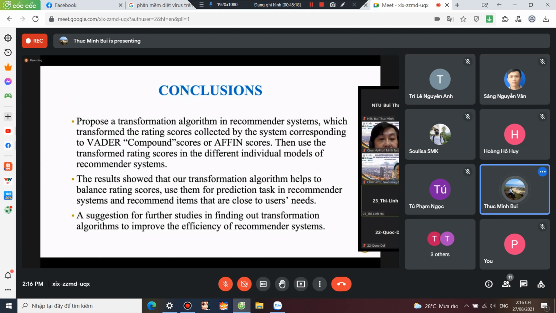The results show that our transformation algorithm helps to balance the rating score, use it for prediction tasks in the recommender system, and recommend items that are close to user needs. This is a suggestion for further study in finding transformation algorithms to improve the efficiency of recommender systems.